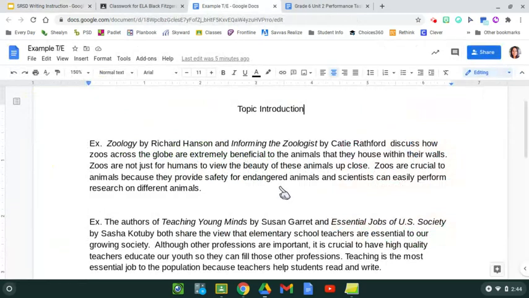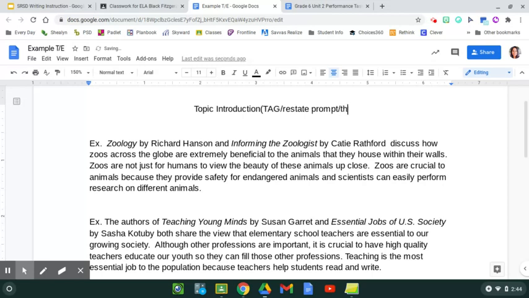I just made these ones up. Remember, a topic introduction needs to have the tag, title, author, gist, has to restate or recycle the prompt, and it also has to have the thesis. I just put this up here so we can remember what should be in a topic introduction.